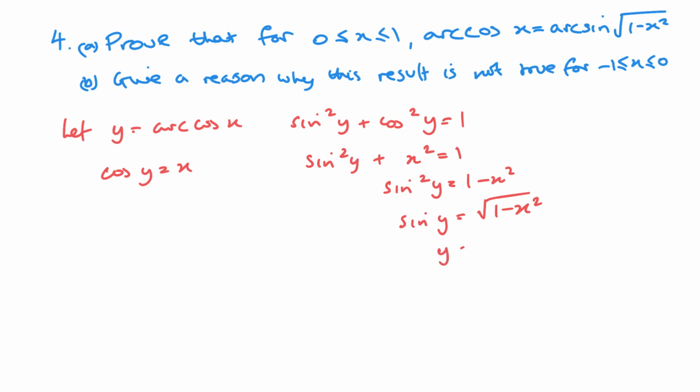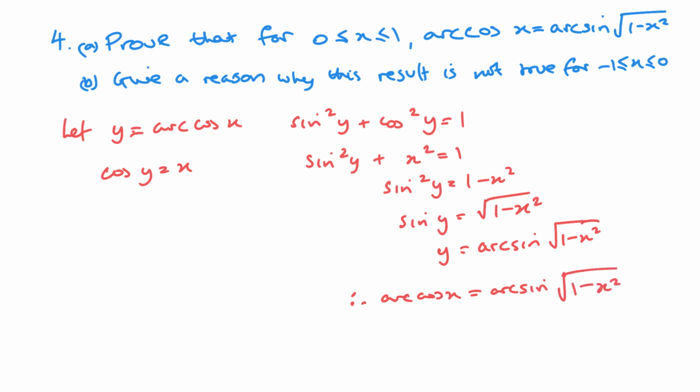and then y equals arcsin root 1 minus x squared. Okay, and if you compare y equals up here with y equals here, that means that therefore arccos x equals arcsin root 1 minus x squared.